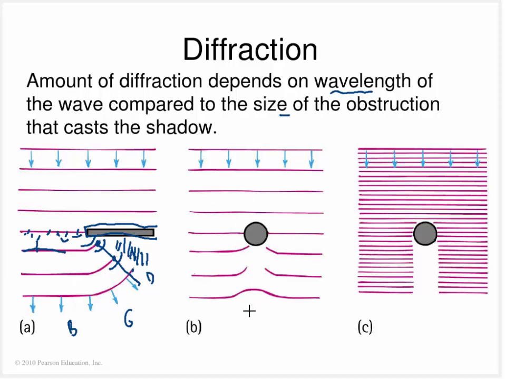Now, let me consider the case where the wavelength is roughly equal to the size of the object. You can see the wavelength is the peak-to-peak distance, and here I have my object. So these are roughly equal.